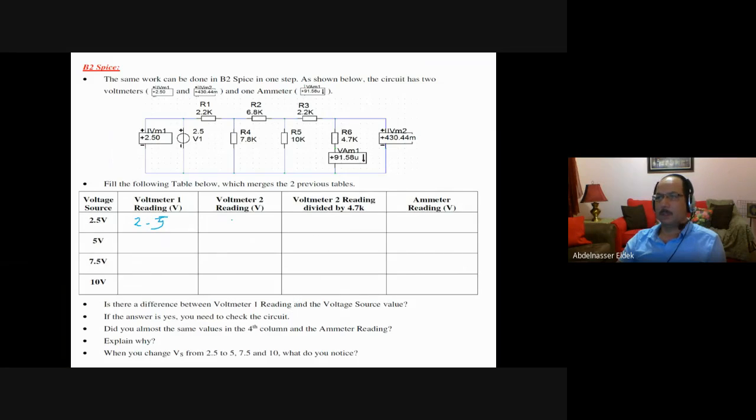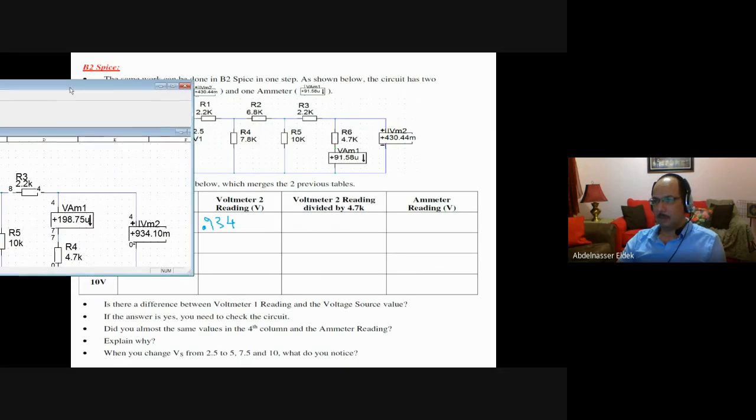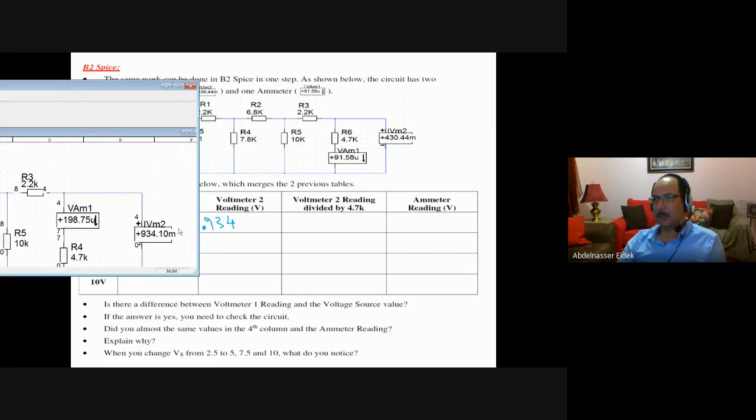The voltmeter reading number 1 is, if we want to do it in volt, we have to copy it in volt. So here is the reading of number 1. Number 2 is 934 millivolt, which is 0.934.